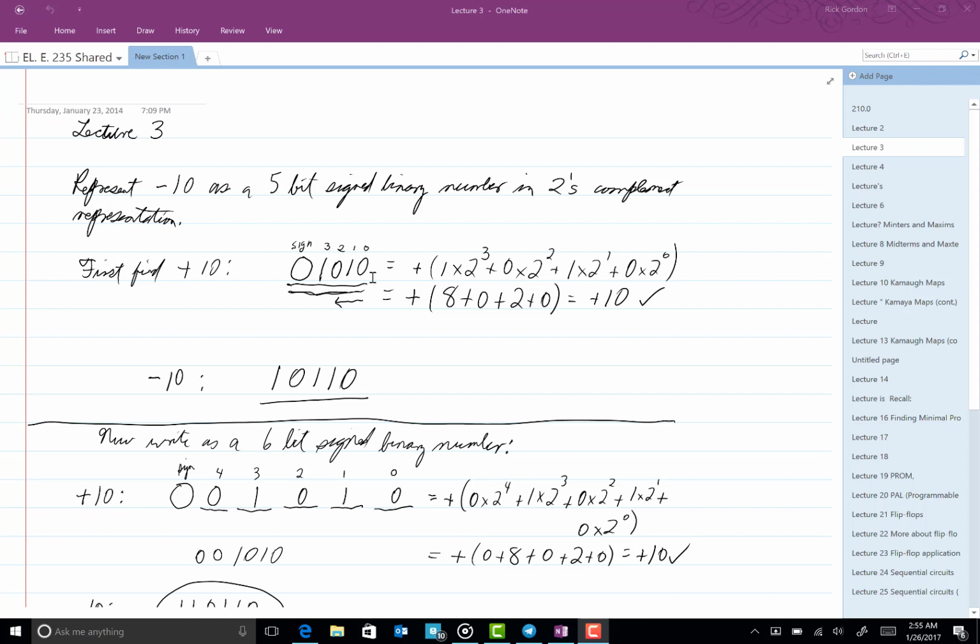One would be to change all the 0s to 1s and all the 1s to 0s, and then adding 1 to the rightmost position. Or another way is to simply begin at the rightmost position and start moving to the left until you encounter the first 1.